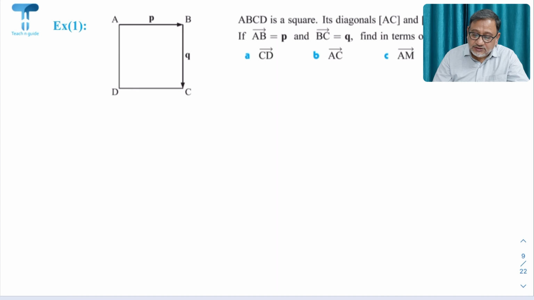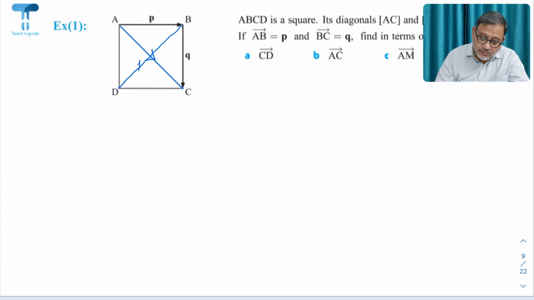So look at this example, ABCD is a square, its diagonal AC, let me draw the diagonal AC, and BD is in this direction. This is vector BD.